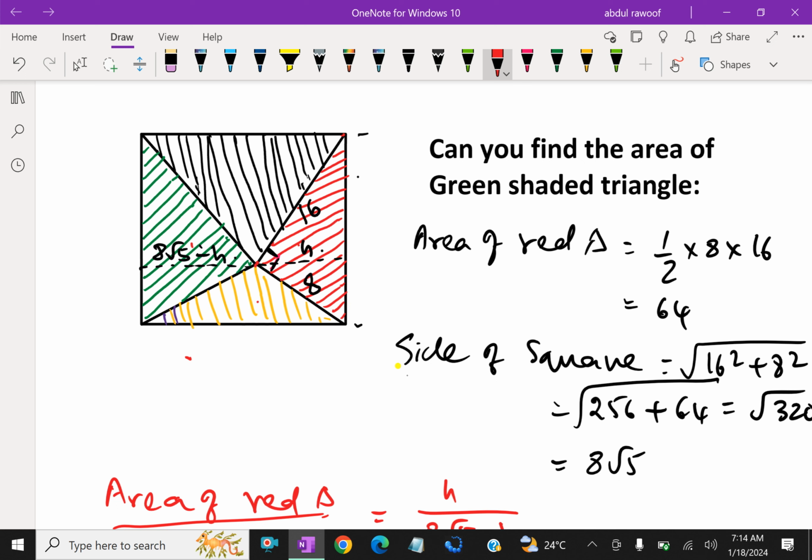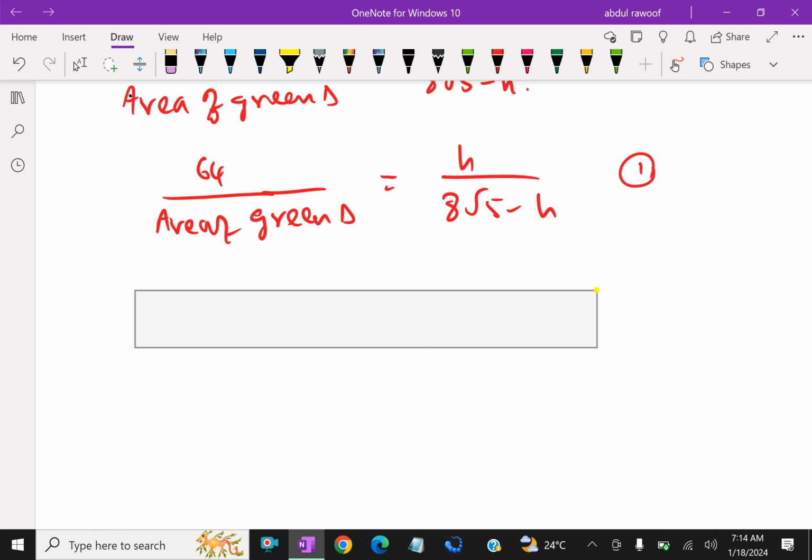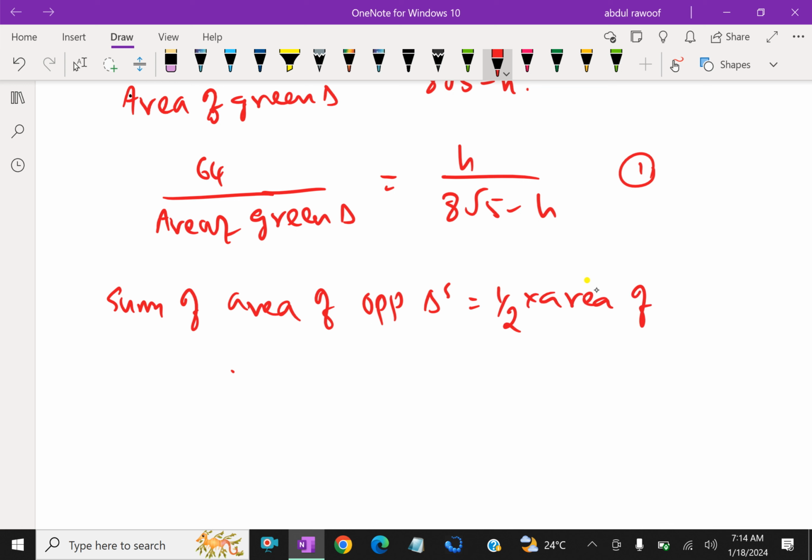Therefore, we can say the sum of the areas of the opposite triangles is equal to half of the area of the square.